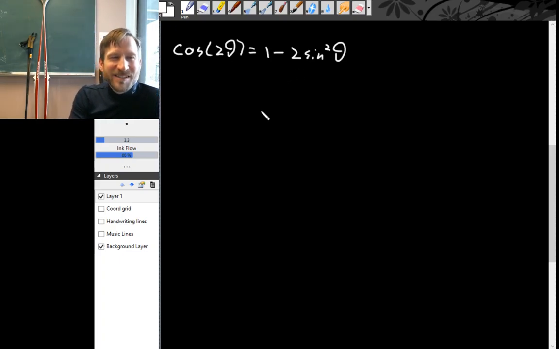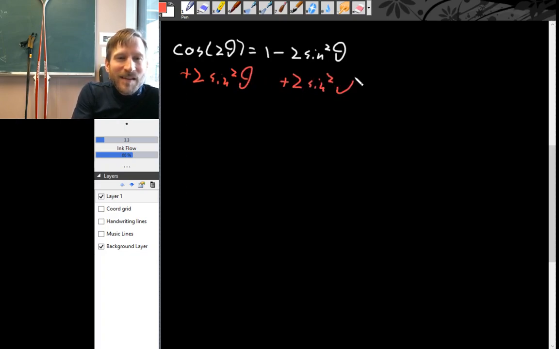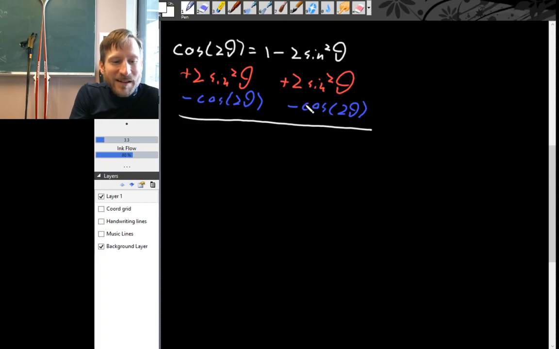I'm going to do this in a slightly different way. Let's add 2 sine squared theta to both sides. And at the same time, let's subtract cosine 2 theta from both sides. And when we do that, on the left-hand side, the cosine 2 thetas cancel.